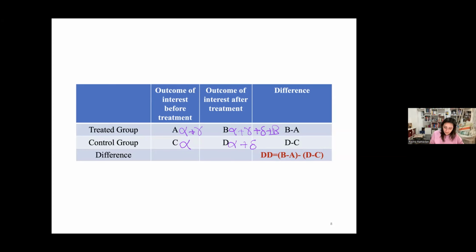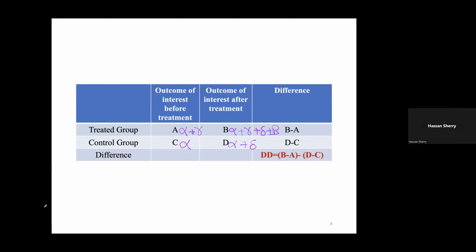So now B minus A would equal what? I'm just substituting the examples we gave, A, B, C, D, by the expected values we calculated from our equation. Is it clear what I'm doing?